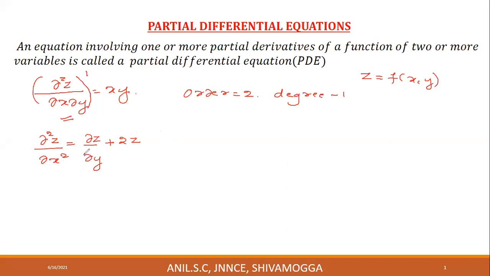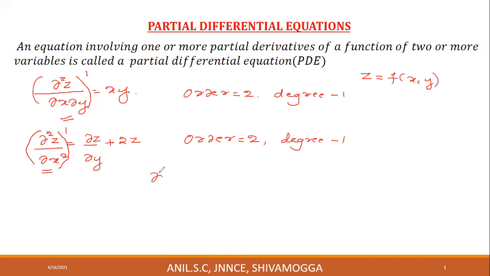What is the highest order derivative occurring in this differential equation? Second order derivative is there. Therefore, order of this differential equation is 2. And what is the degree of the differential equation? Degree is the index of the highest derivative occurring in the equation. That is 1. Degree is equal to 1. Second order and first degree differential equation.